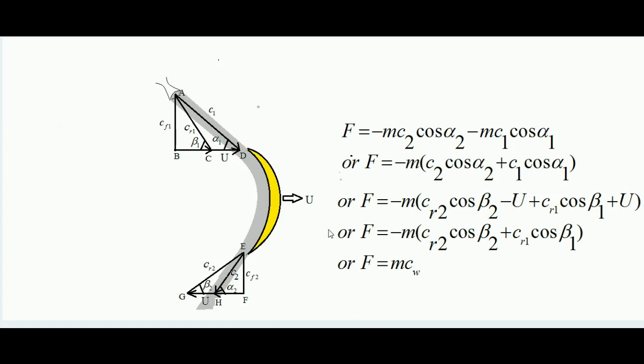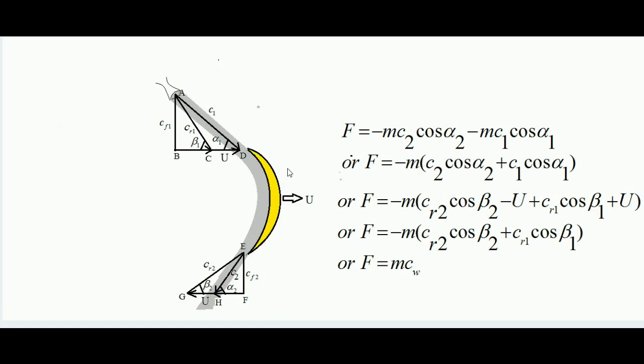Now some more mathematics. See, c1 is the absolute velocity of steam at inlet, and c1 cos alpha 1 is the absolute horizontal velocity of steam at inlet. Now BD represents the horizontal velocity of steam at inlet and u is the blade velocity.